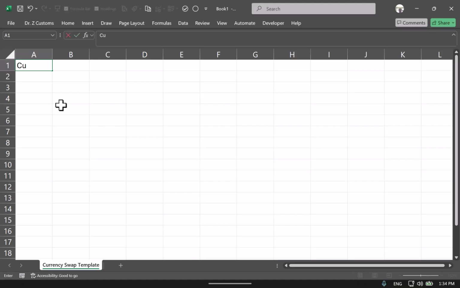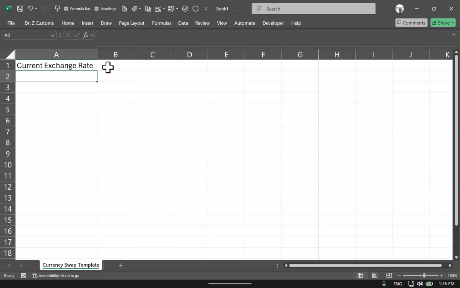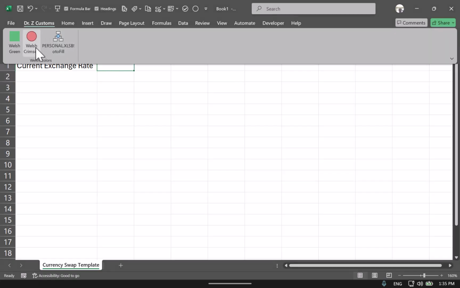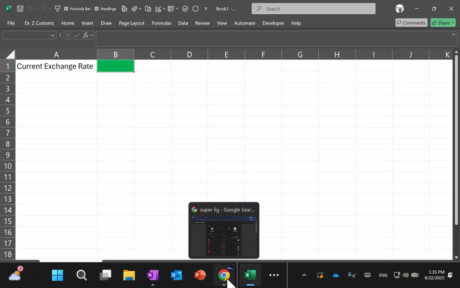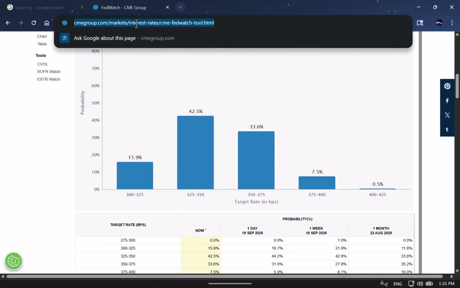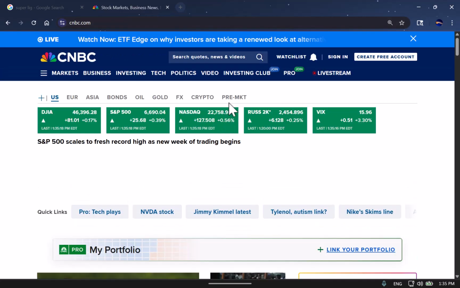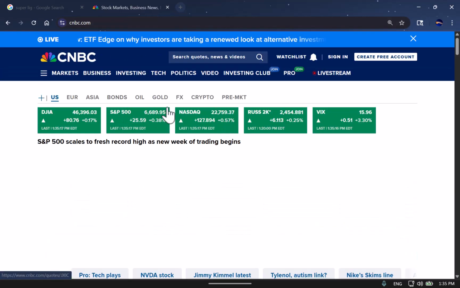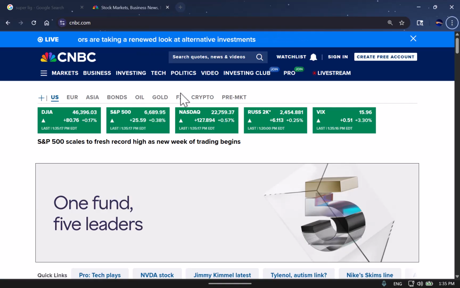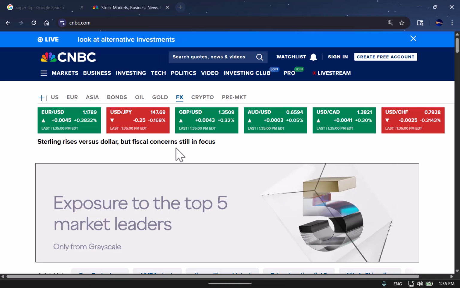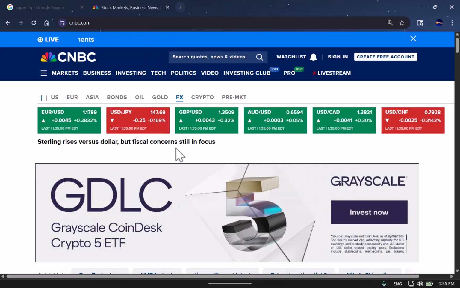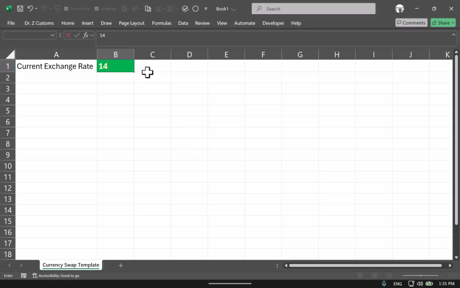First of all, let's see, what is the, for example, let's say we're going to do, let's see, let's do dollar yen, 147.69.